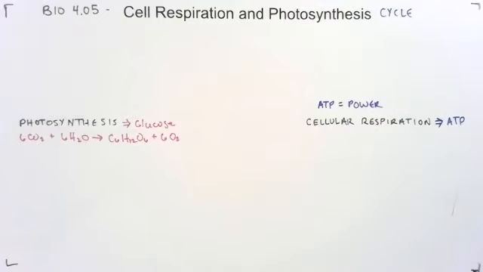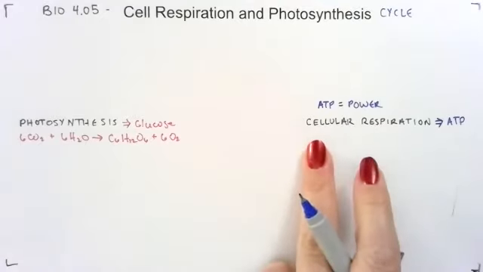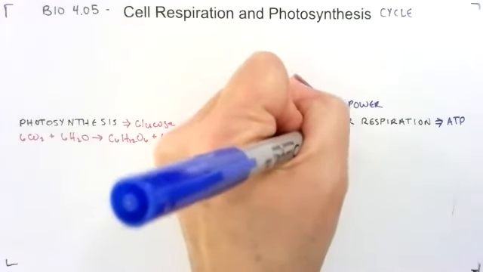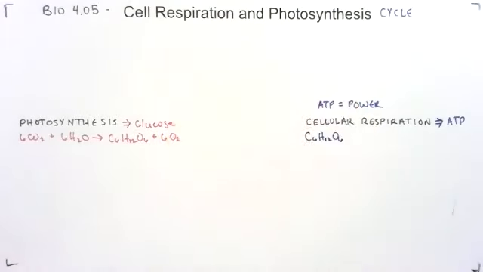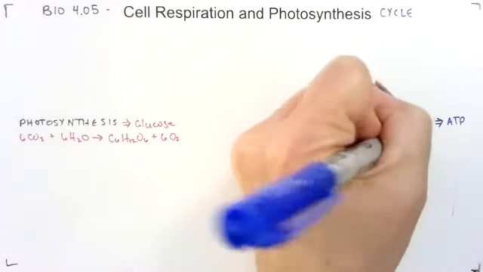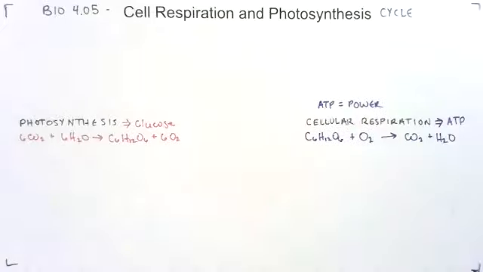And check this out. When we're going to talk about how we represent cellular respiration as a formula, turns out we take glucose, we combine it with oxygen, and guess what we make? Wow. All we do is flip the equation.